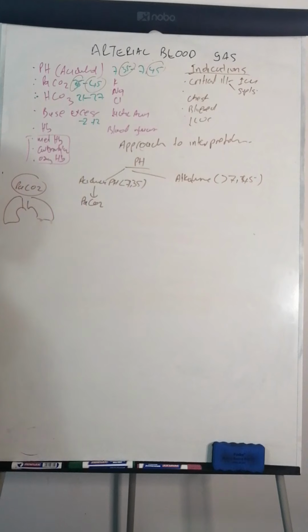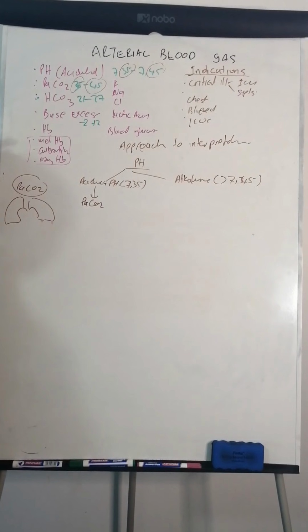The partial pressure of CO2, does it agree with acidity or does it not agree? If you've got acidity and your partial pressure of CO2 agrees with acidity, then that acidity is respiratory. But if you've got acidity according to your pH, but your partial pressure of CO2 does not agree with acidity, then it means that acidity is not respiratory, but it's metabolic.